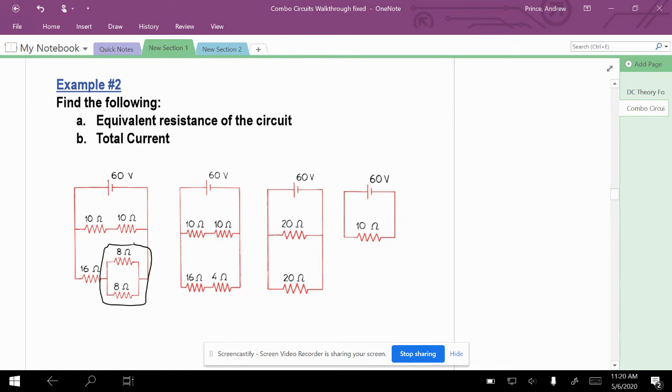So by combining these with our formula, we're going to get this value, 4 ohms. Again, that's going to be the resistance total, 1 divided by 8 ohms plus 1 divided by 8 ohms, and that should give us 4 ohms.